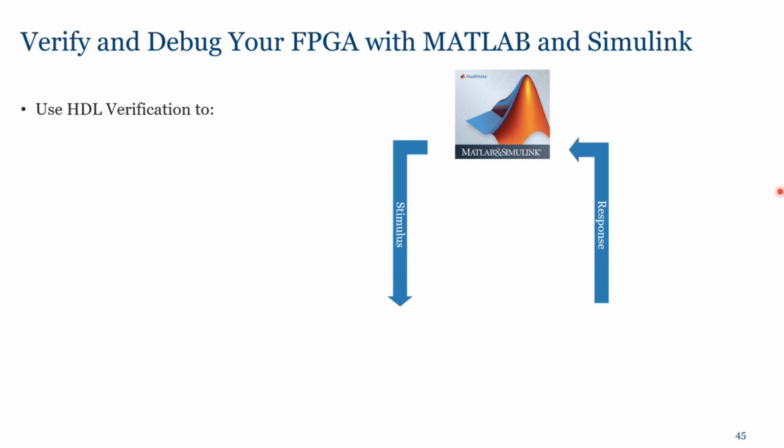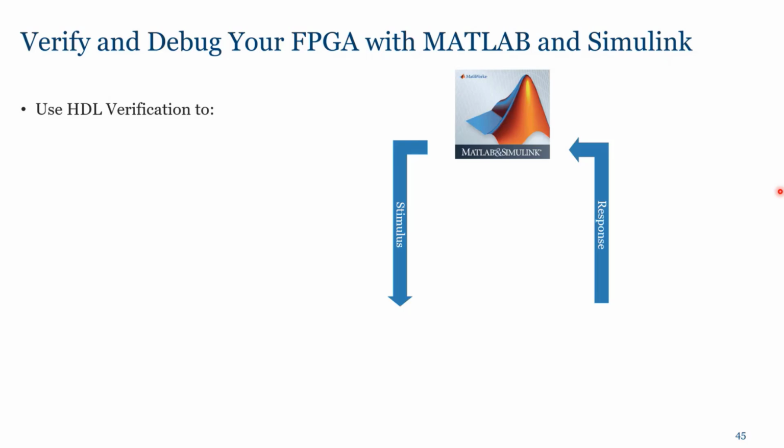So going to HDL verification, of course you will have verified your models in MATLAB and Simulink, but as you keep going towards the hardware, you need to add more verification, but this time on the HDL part.